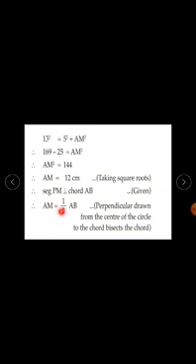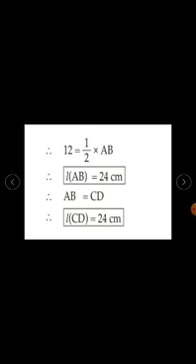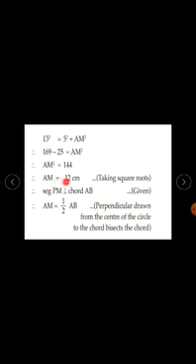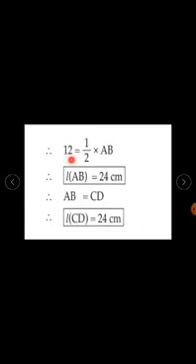So AM is half of AB, because a perpendicular drawn from the center of the circle to the chord bisects the chord. So 12 equal to half into AB, because AM is 12. So length AB equal to 12 into 2, which is 24 centimeter.